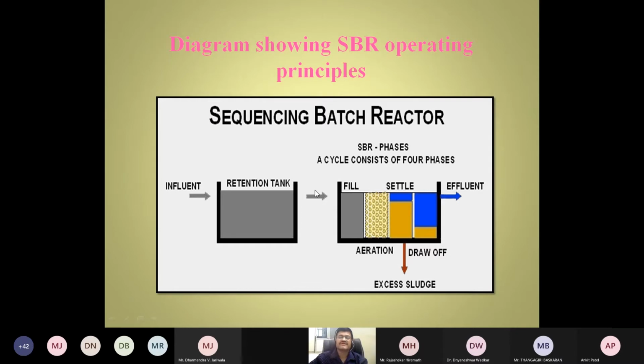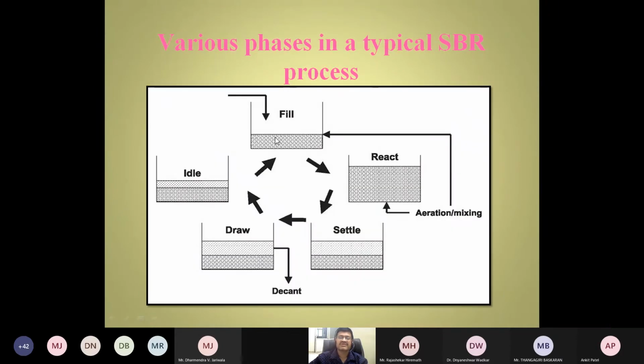First of all, influent is coming into the reactor. Let us say one reactor is there. This is the same reactor, only the phases are different. Wastewater is coming here, and that is called the fill phase. After filling, we stop the filling and then we do aeration or mixing.